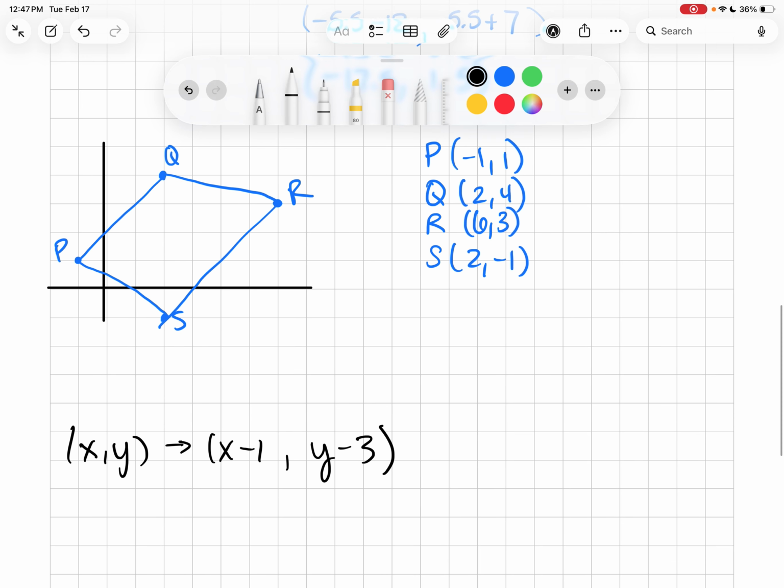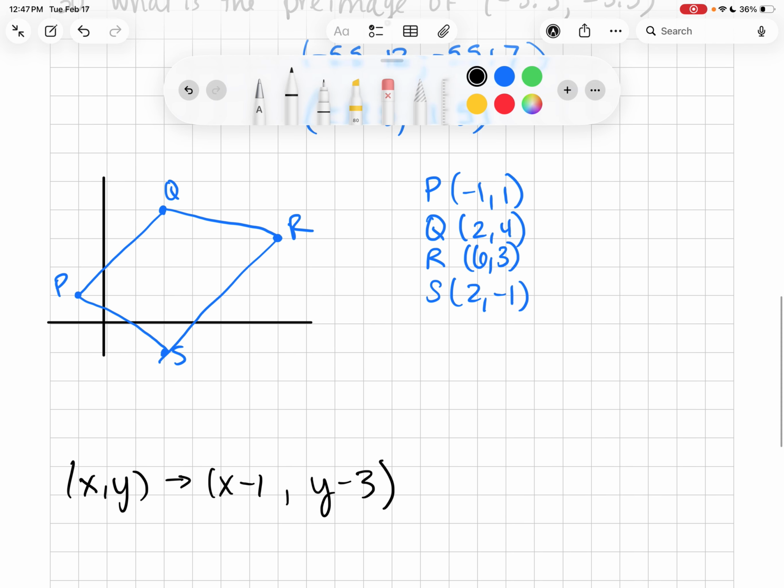Okay, there we go. So we're going to take each point and put it on here for the image. Mathematically, I'm going to find them all and then we'll plot them over here. So each x value I'm going to subtract 1, and each y value I'm subtracting 3.